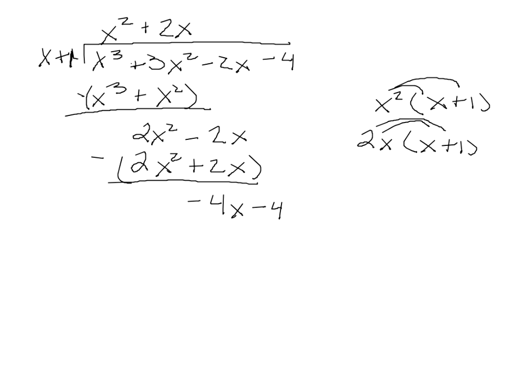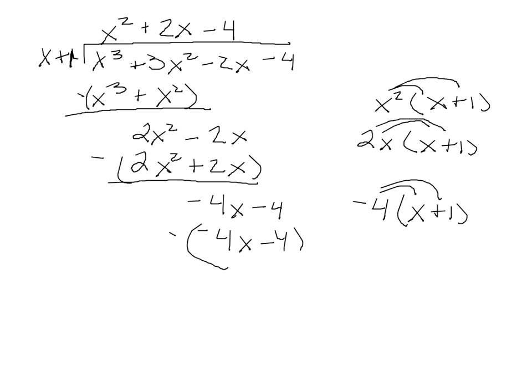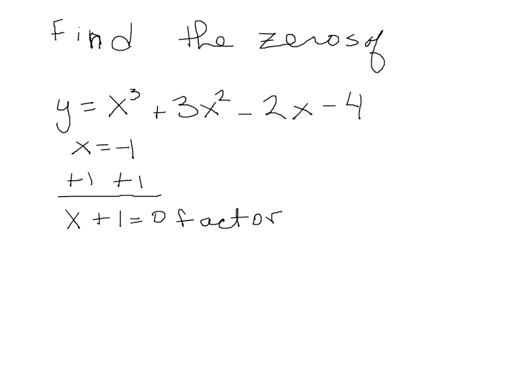And then the minus 4 comes down. So x is going to go into minus 4x minus 4 times. And then that result goes right here. So minus 4x minus 4 and subtract gives me remainder 0.